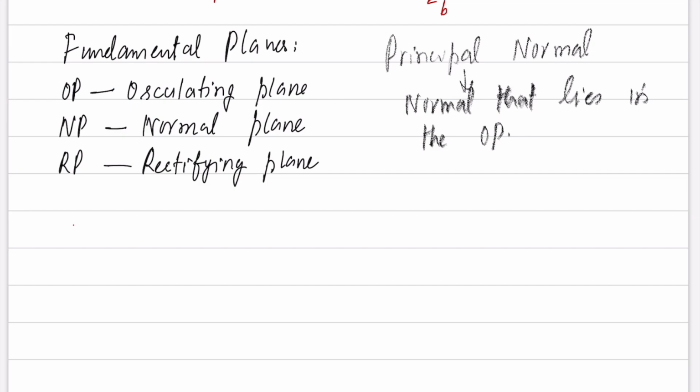Now let's again come to these three vectors T, N, B. Since they are mutually perpendicular, we have T dot N equal to 0, N dot B equal to 0, and B dot T equal to 0. We know that the cross product of two vectors is perpendicular to both of them.